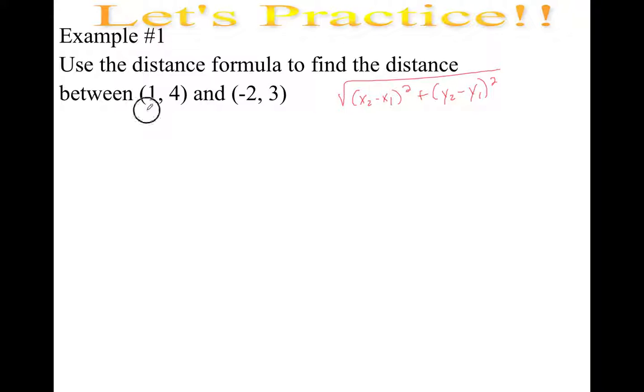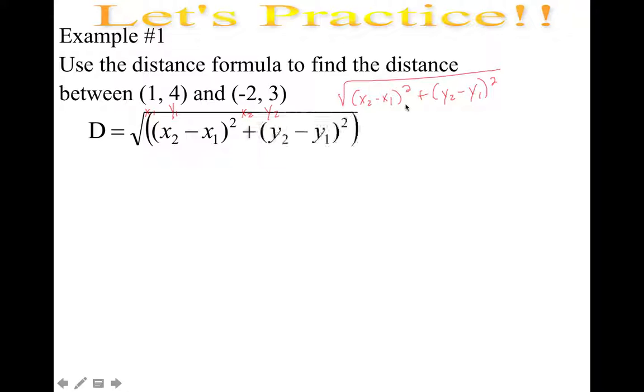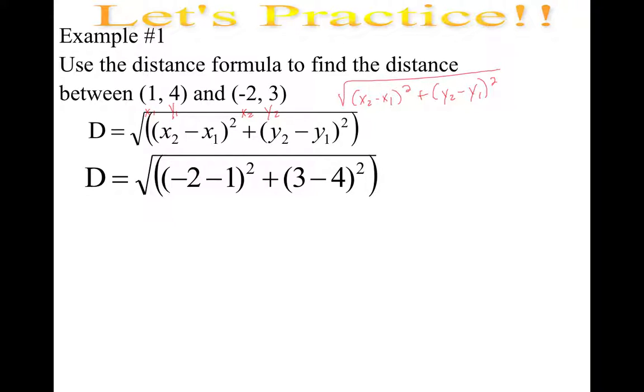When I label this, this is my x1, this is my y1, this is my x2, and this is my y2. If I plug that into the formula, notice that's what I would plug in. Remember, x2 goes here, x1 goes there, and there's a minus between them. y2 goes here, y1 goes there, and there's a minus between them.